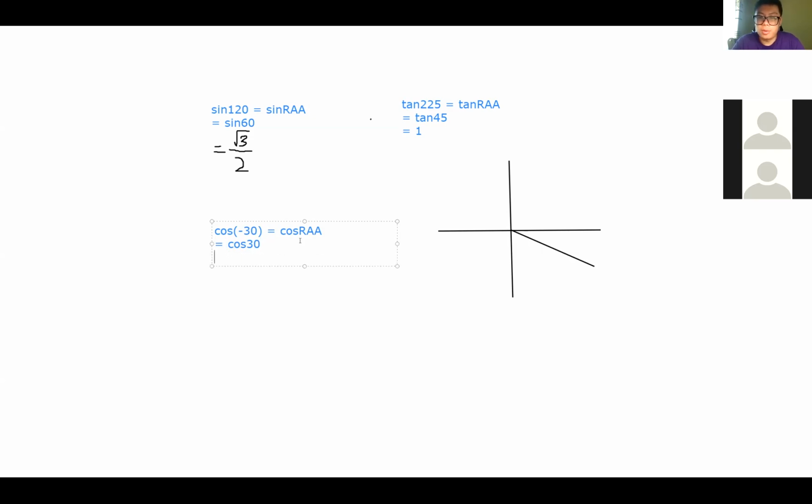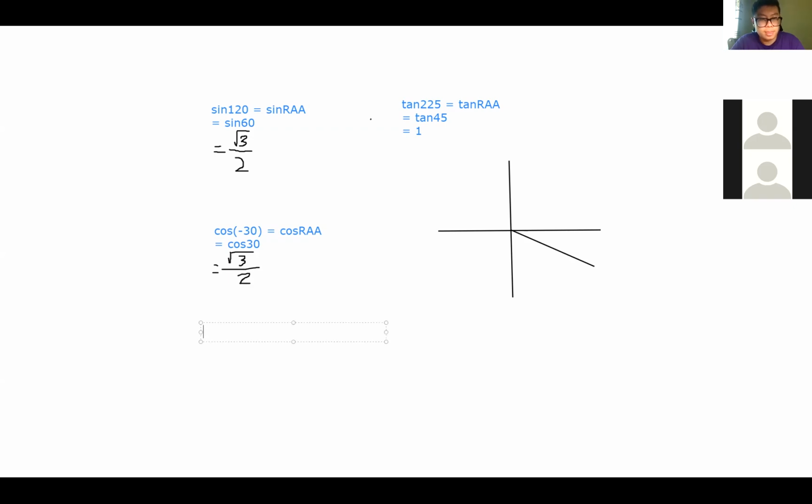Now we just need to figure out what cosine 30 degrees is. From that slide, we got the exact value, which is square root 3 over 2. Cosine 30 degrees is square root 3 over 2. Okay, that's our third question solved.